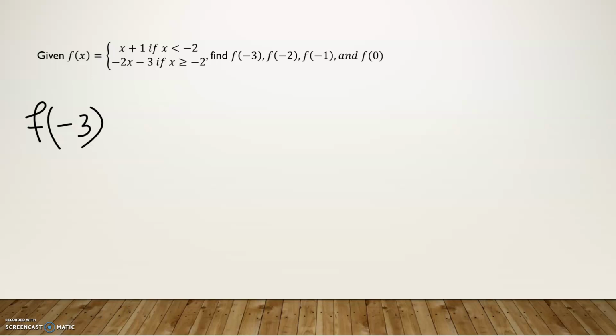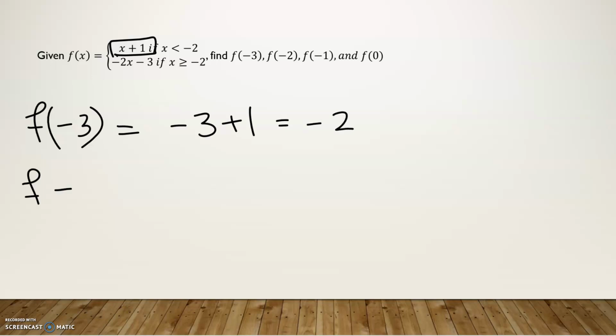I'm looking at x equal to negative 3, which is less than negative 2, so I need to use this function right here. So I will use negative 3 plus 1, which gives me negative 2.